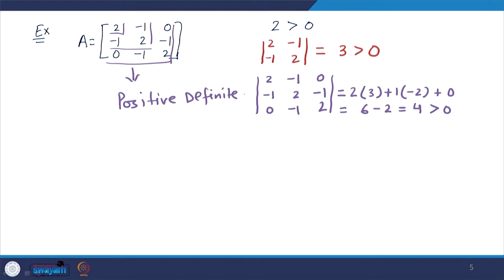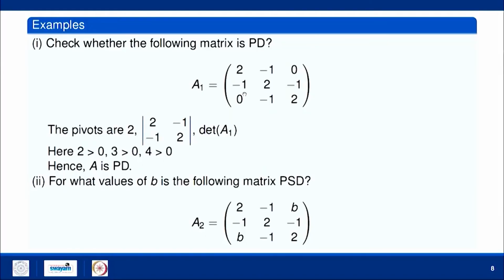If they are non-negative, meaning some of them are 0, then the matrix is called positive semi-definite. We have one more very interesting example here. For what value of B is the following matrix positive semi-definite? So, what is the matrix?